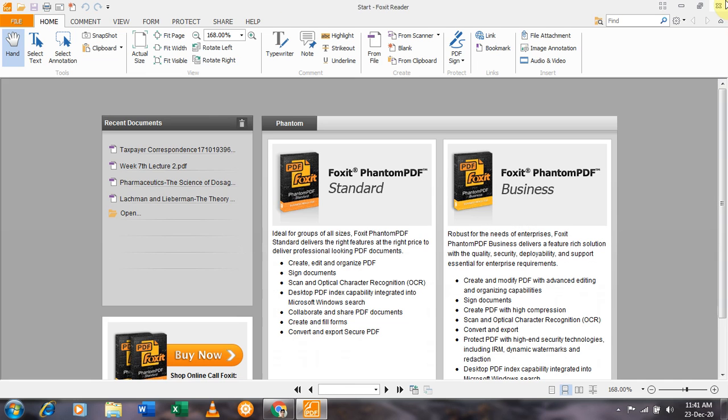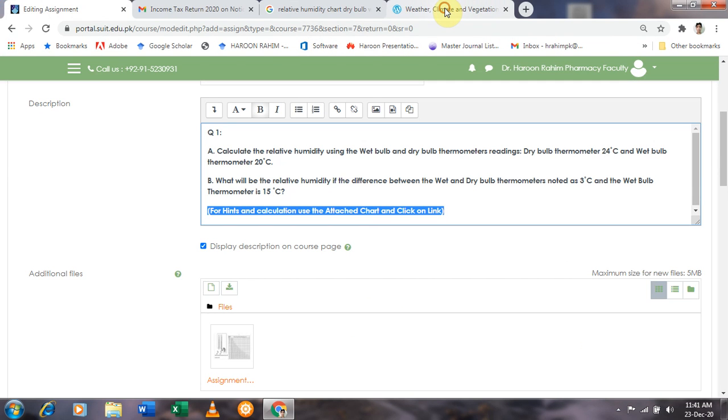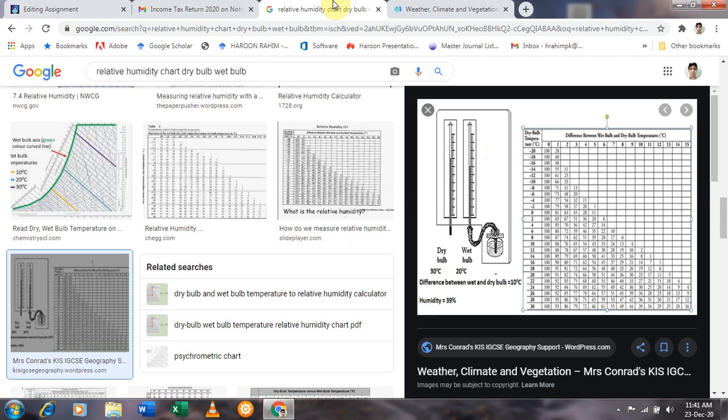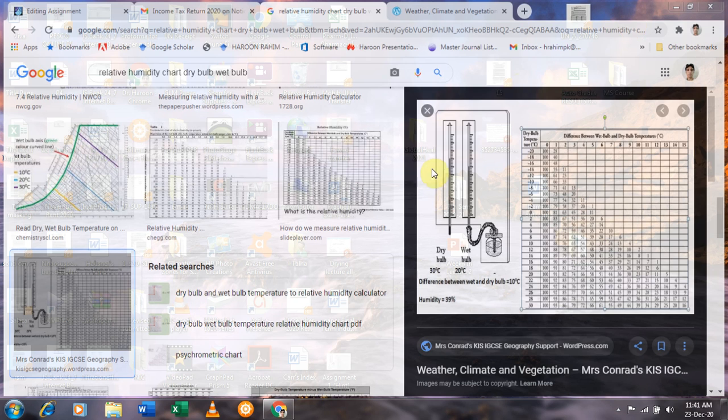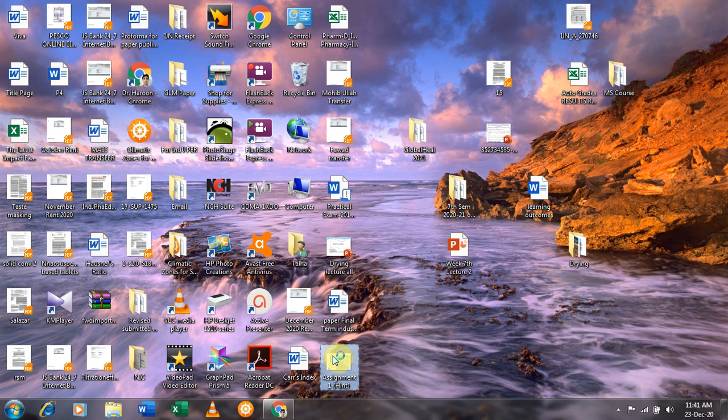Now we have to keep the readings that are given. You can use this example as well as the chart for the solution of assignment number 1 that is uploaded on the portal.